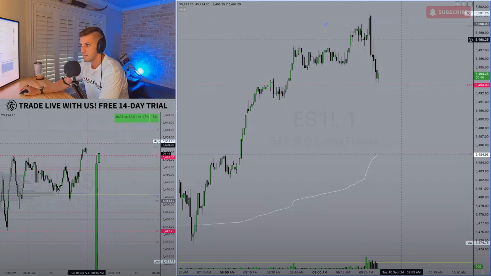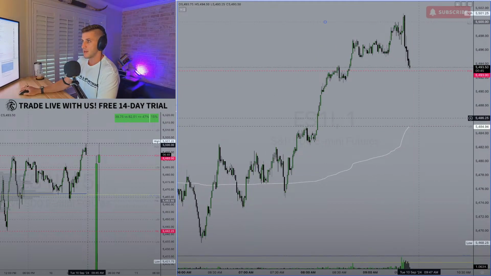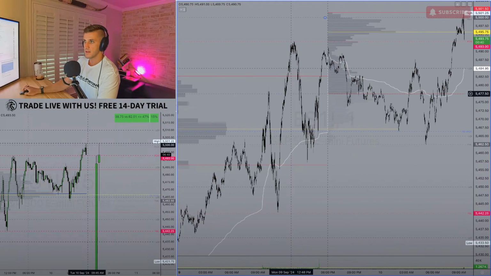ES still right there under that prior day high. If you got your VWAP way down at 54.85, that's also that level of interest. Where's my profile here? There it is.